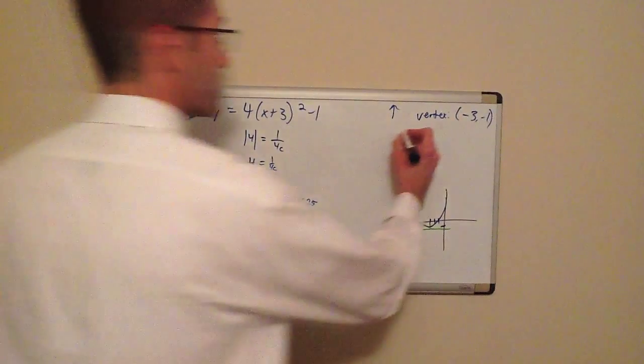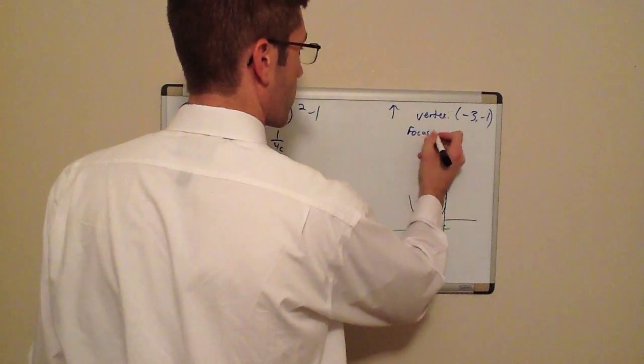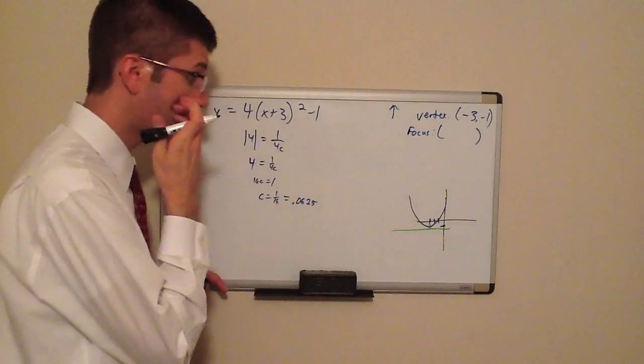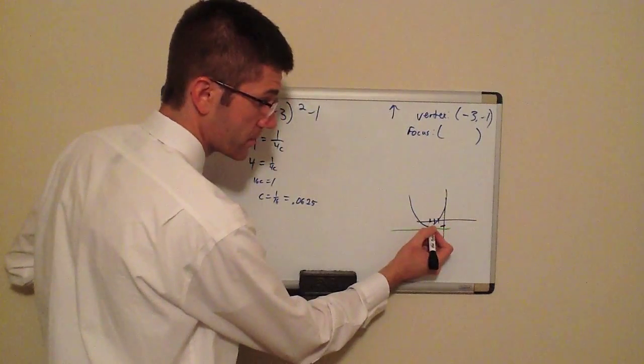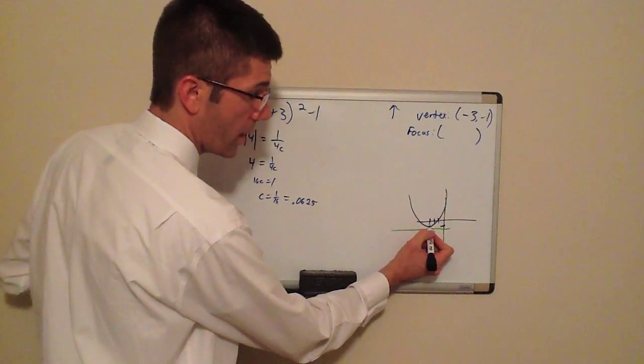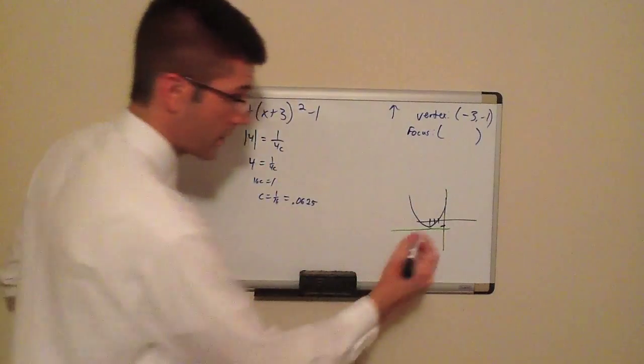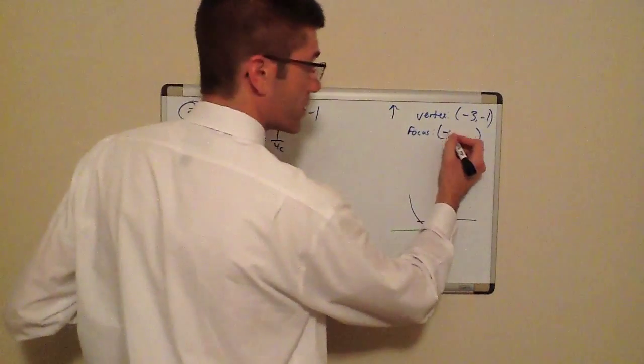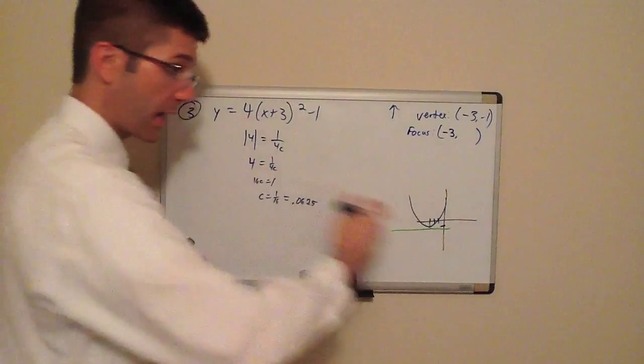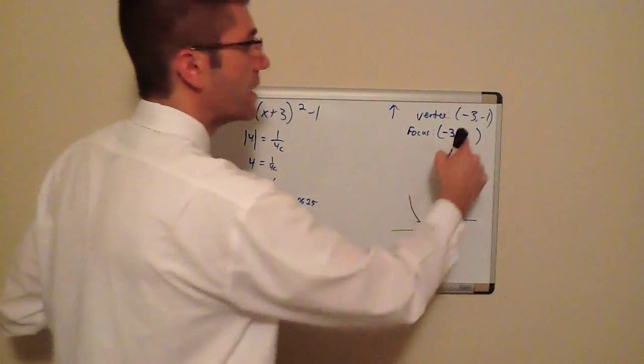My focus is at the coordinate -3, -1, but not really. It's up one higher. So it's still horizontally at -3, but it's -1 plus that fraction.